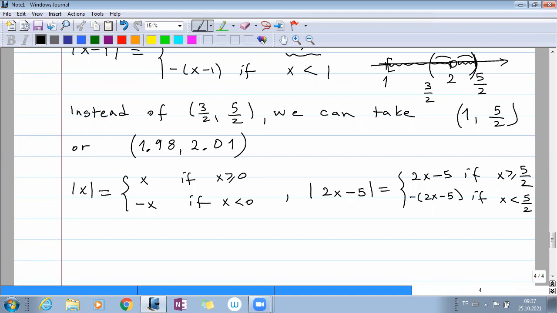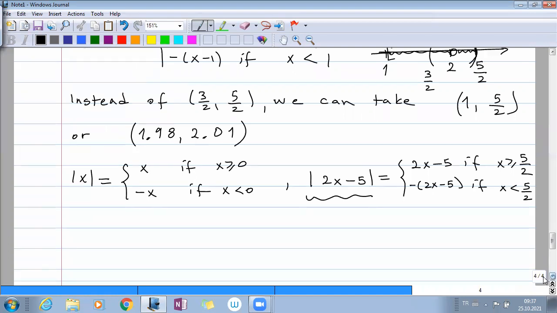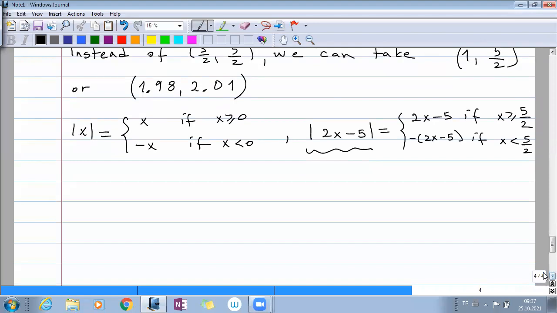Now for the function, the absolute value of 2x minus 5, of course, it is also defined for x greater than or equal to 5/2. But as your interval around the point 2, we are taking the limit at 2. If you take as your interval, of course, you don't have to take 2 itself.